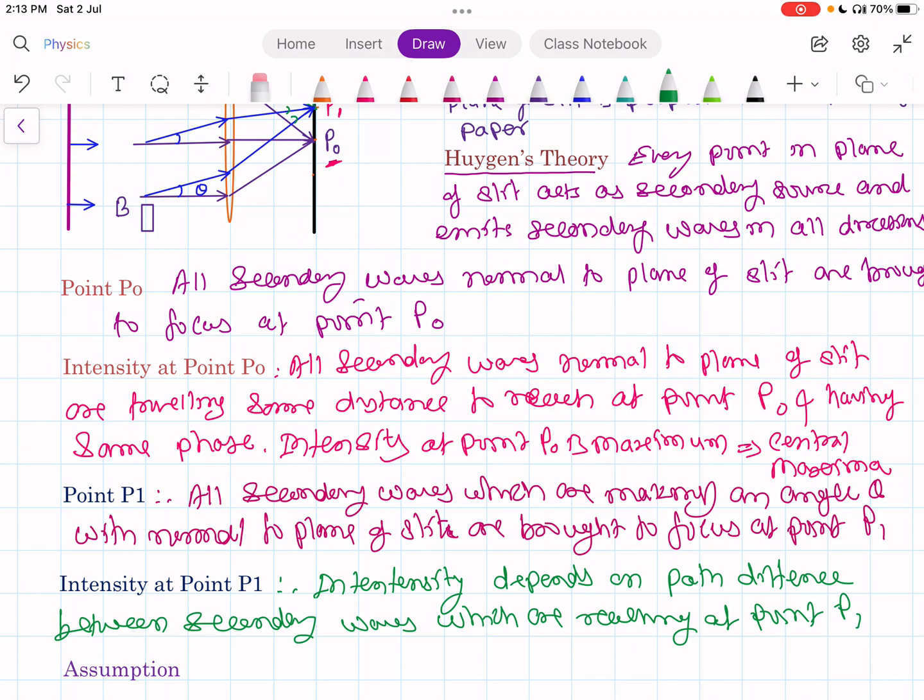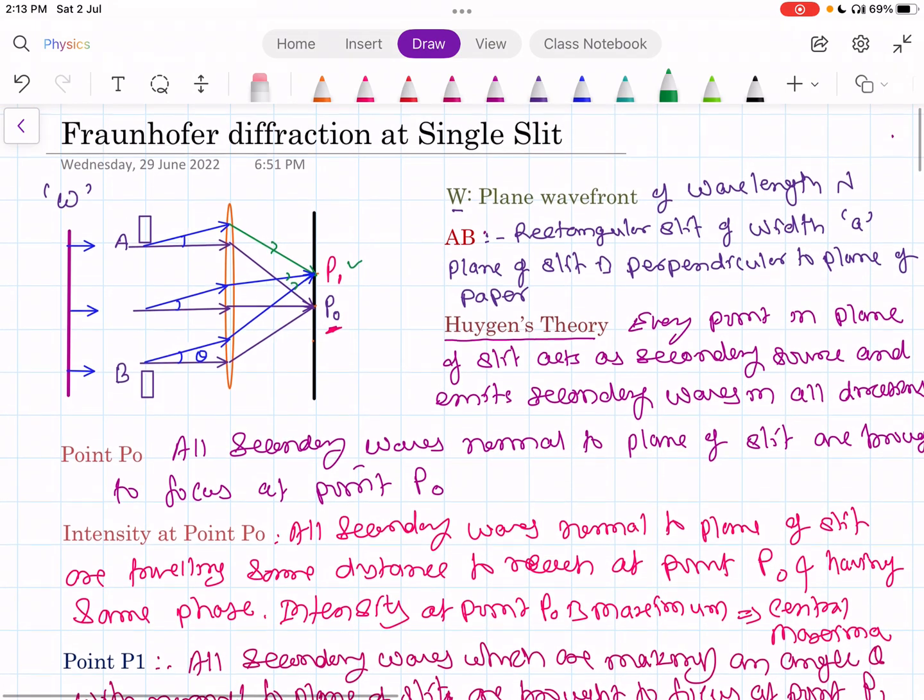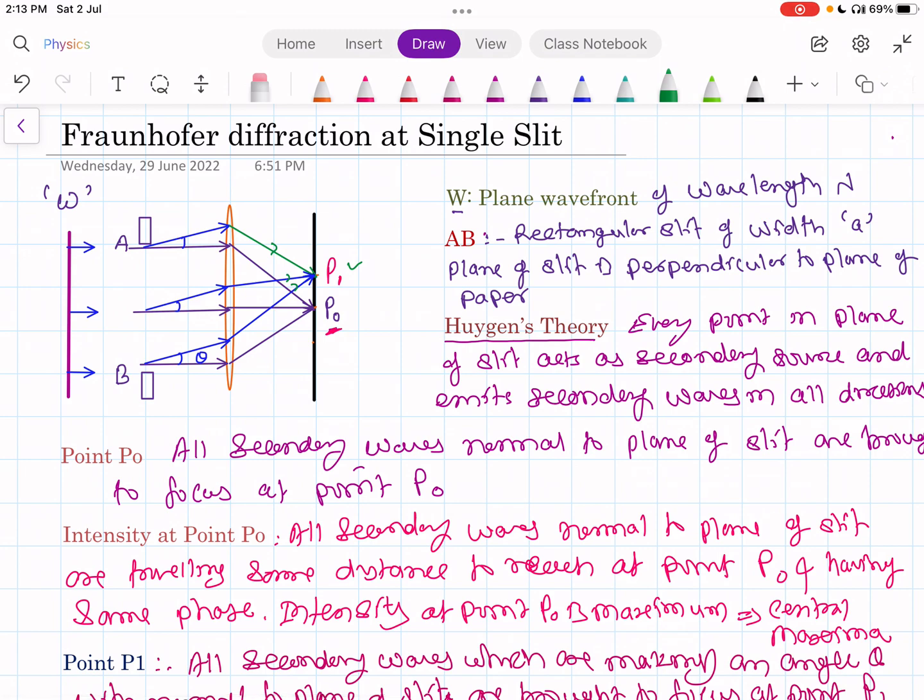So its intensity depends on point P1. The intensity at point P1 depends on the path difference between all secondary waves which are reaching at point P1.